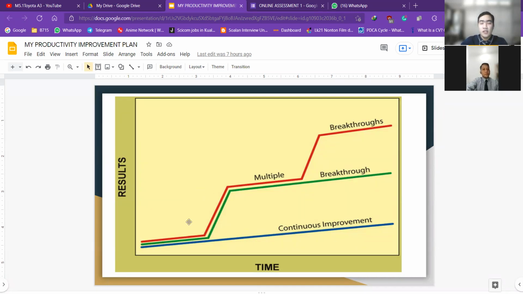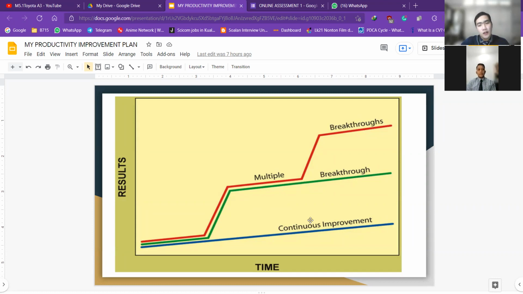On the red line in this figure, multiple and breakthrough, this is what we call combined, where we combine continuous and breakthrough. Breakthrough, on the green line, shows a very big significant rise in the line, which can be achieved by doing major improvement.